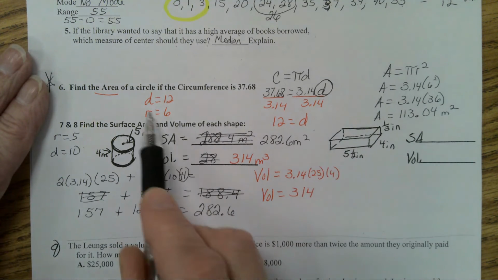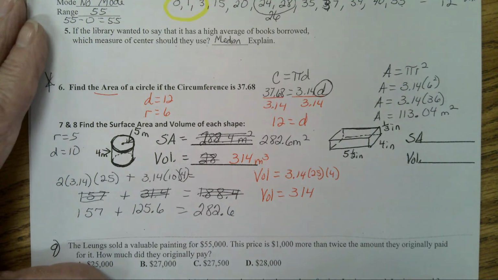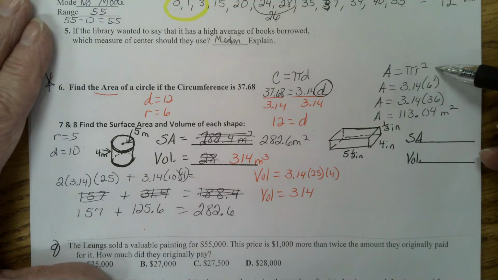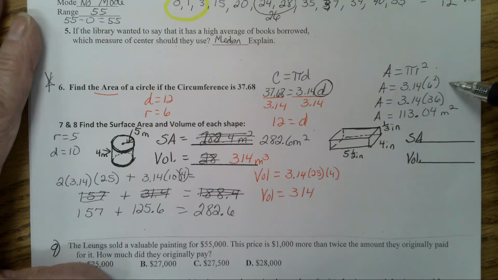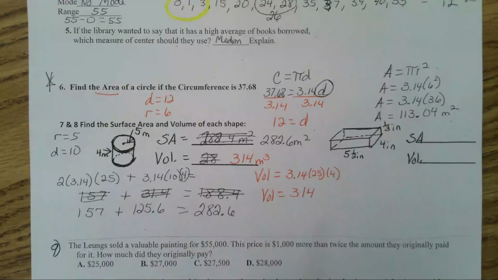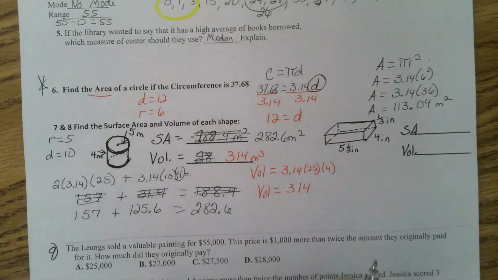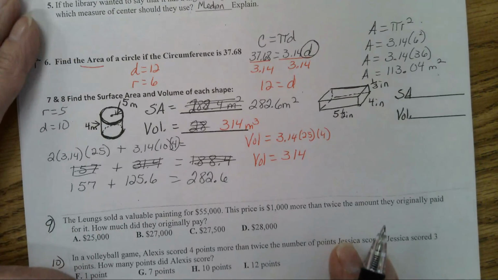And then I always write down my radius, just to make me think, okay, I'm going to need my radius in the next one, so you don't accidentally use your diameter. So now, the area of a circle, pi r squared. So 3.14 times 6 squared, which is 36, gives you the answer of 113.04 meters squared.